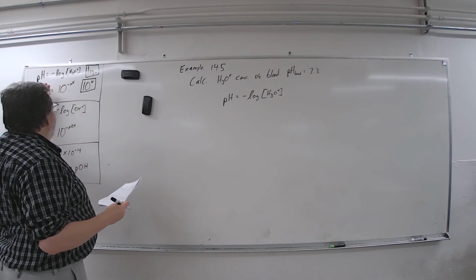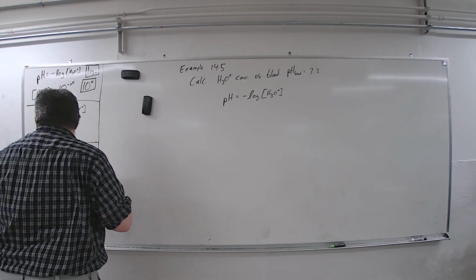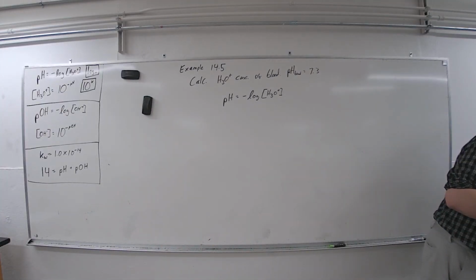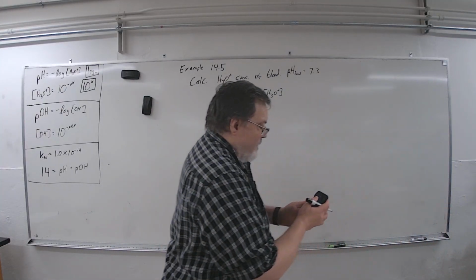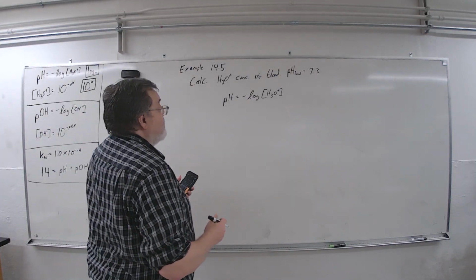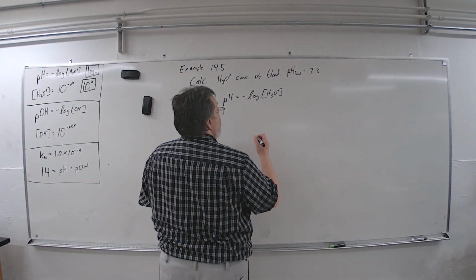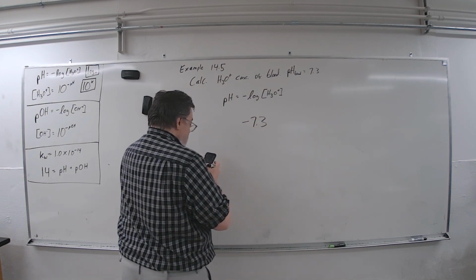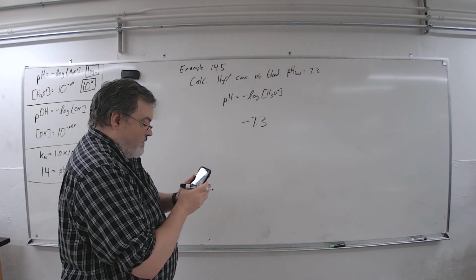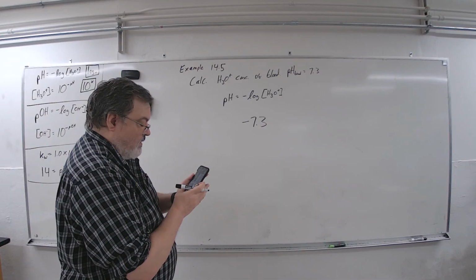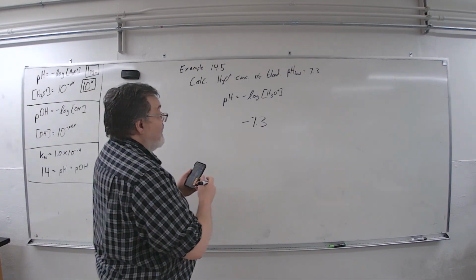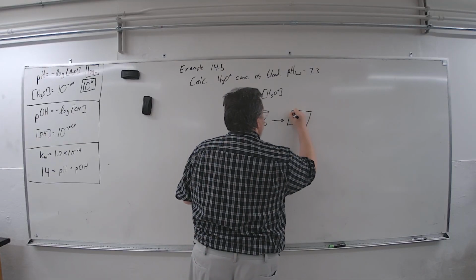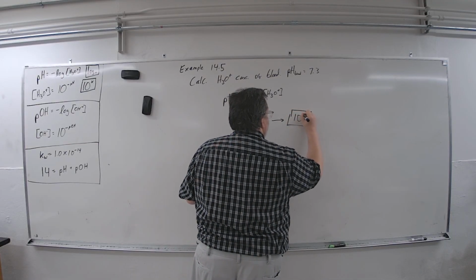So you're going to put in pH. Make sure my calculator doesn't move. So I'm going to put in my calculator negative 7.3. And then I'm going to hit the 10 to the x.